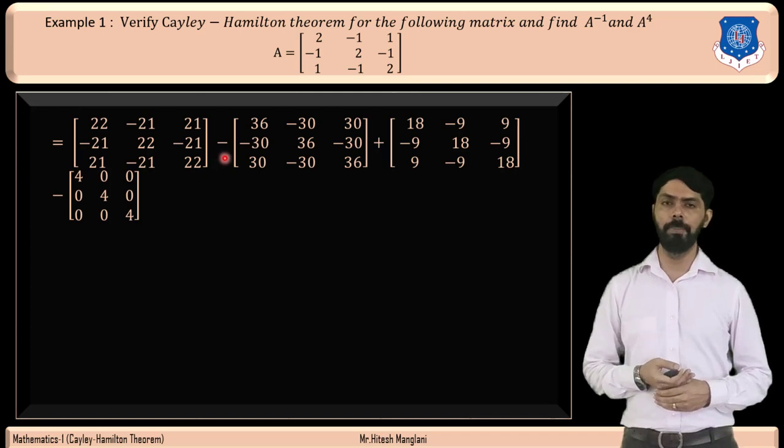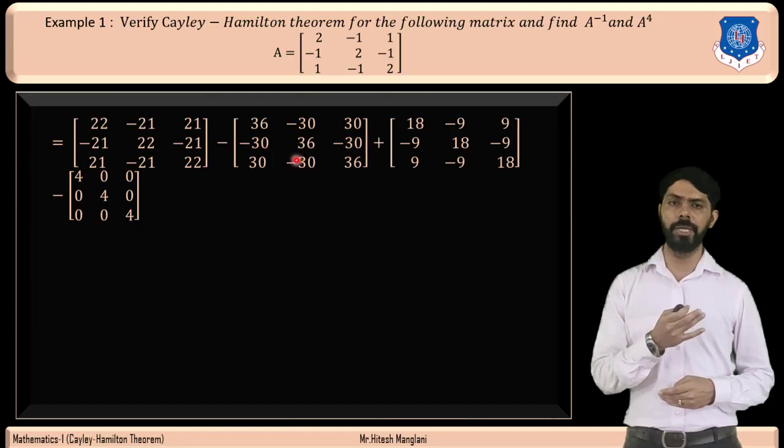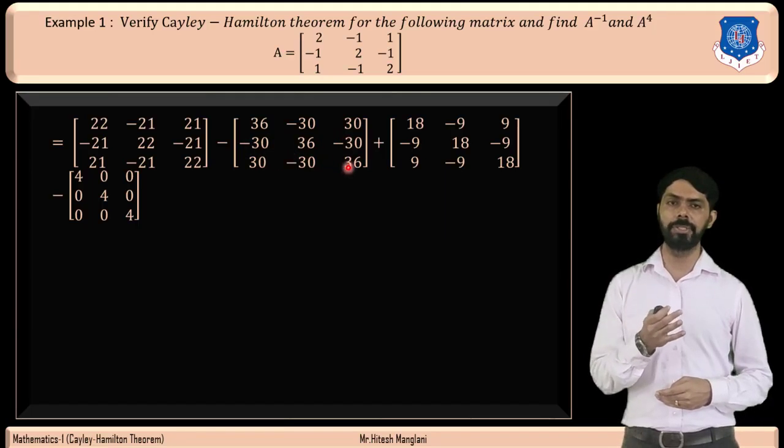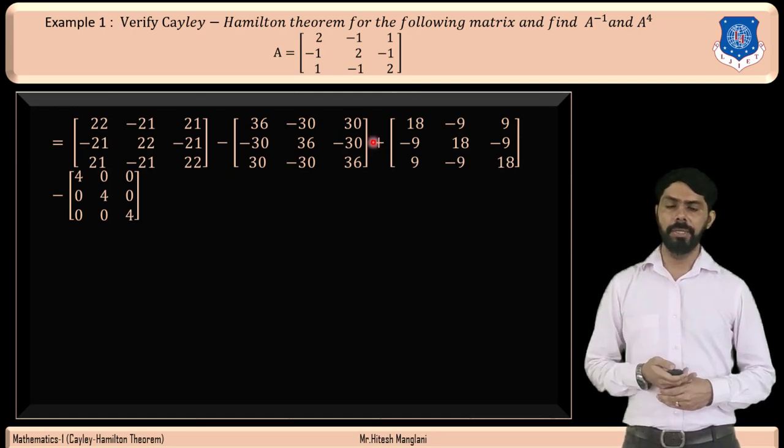So we will have to multiply all the elements of matrix A square by 6. So it will be [36, -30, 30; -30, 36, -30; 30, -30, 36], plus 9A. So we will have to multiply all the elements of matrix A by 9.